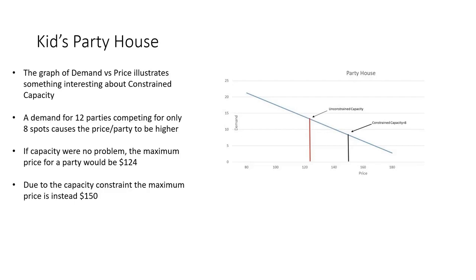And so if capacity was not a problem, then the maximum price for a party could be $124. But due to the capacity constraint of the business, where it was constrained to 8 parties per day, the maximum price is instead $150 per party.